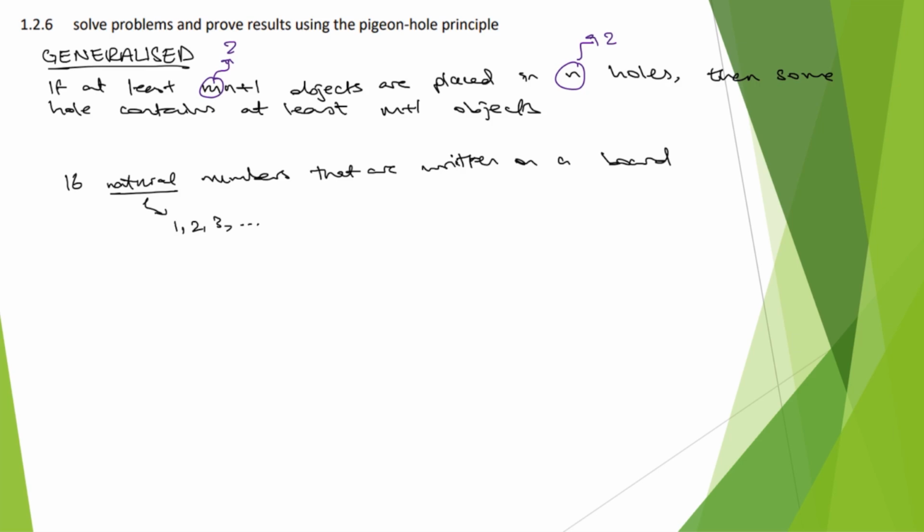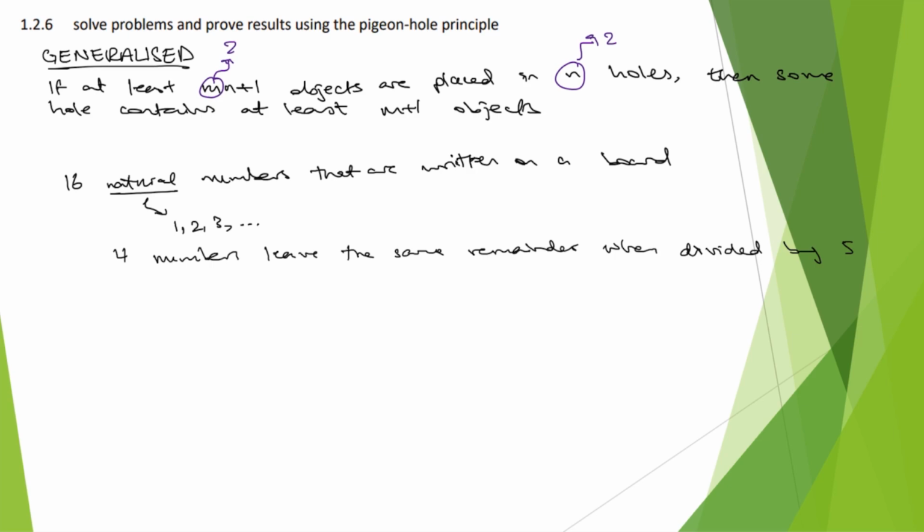All right, so we have 16 natural numbers that are written on a board, and we want to figure out that 4 numbers leave the same remainder when divided by 5. Now, in this approach, it is easier to use the pigeons and pigeonholes approach.